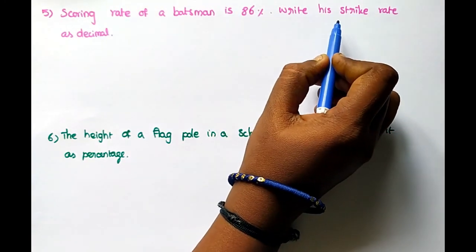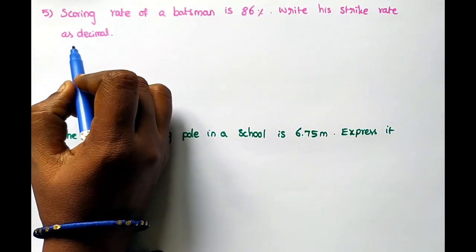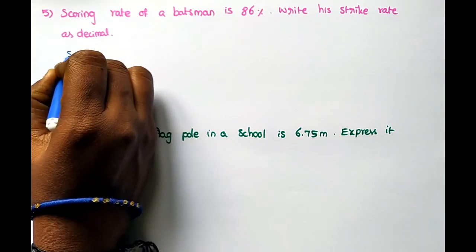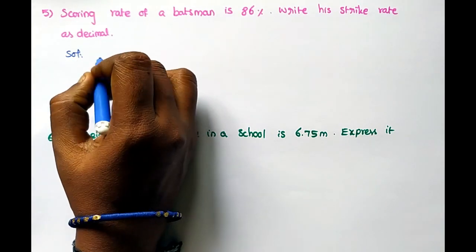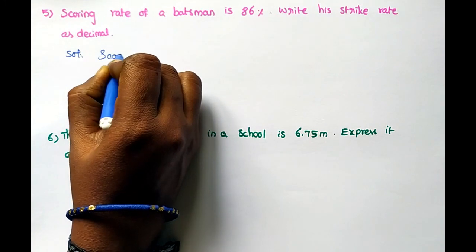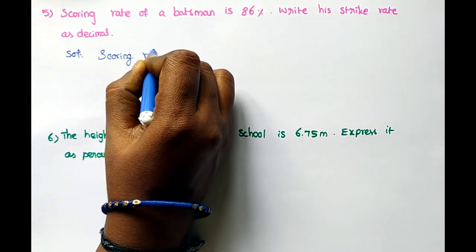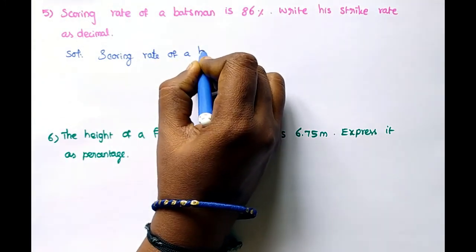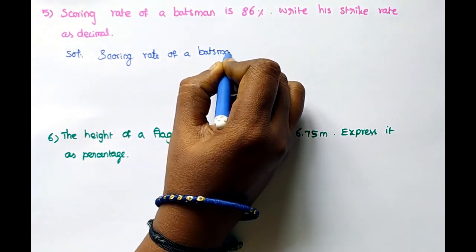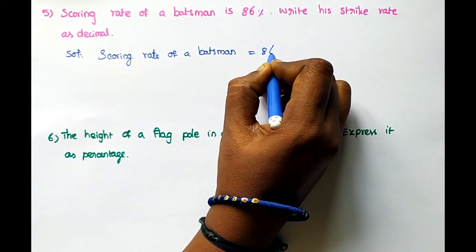Fifth one, scoring rate of a batsman is 86%. Write his strike rate as decimal. Listen. First, scoring rate of a batsman equal to 86%.